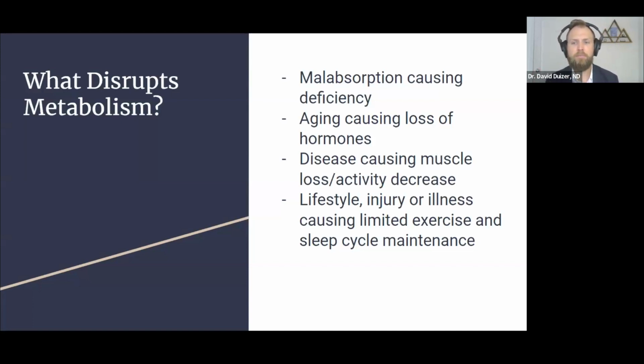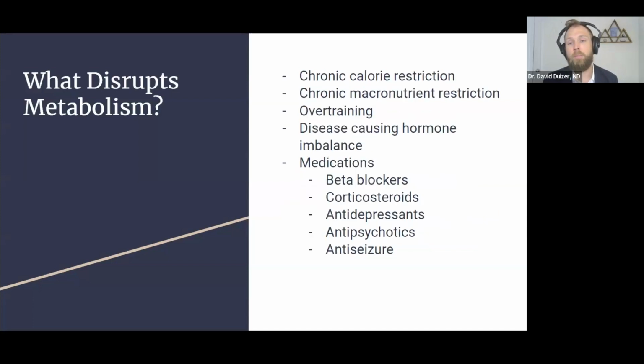And then lifestyle, injury, and illness. Not being able to exercise for 2 weeks because of a cold causes some muscle loss. Not being able to sleep because you're in school and it's really super stressful for a while causes metabolism to go down. These are the things that we can support people in when we're building a holistic approach to metabolism optimization.